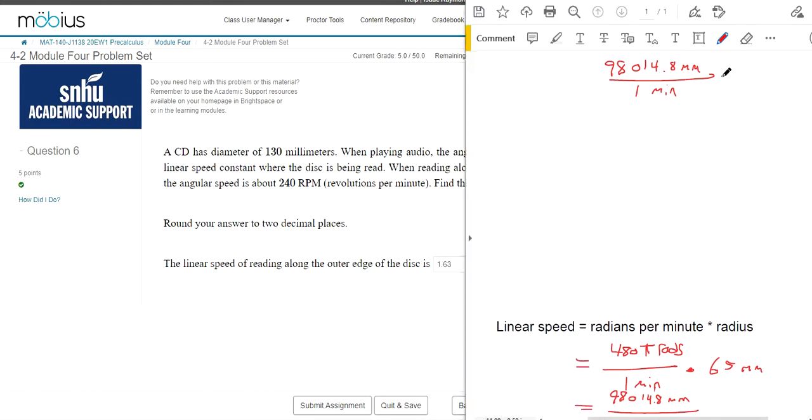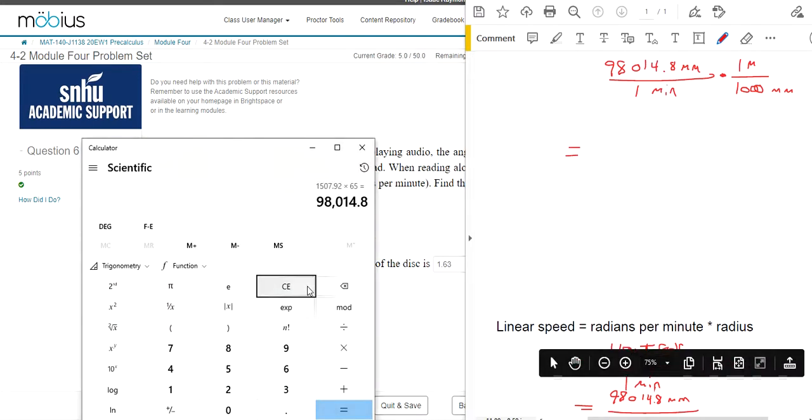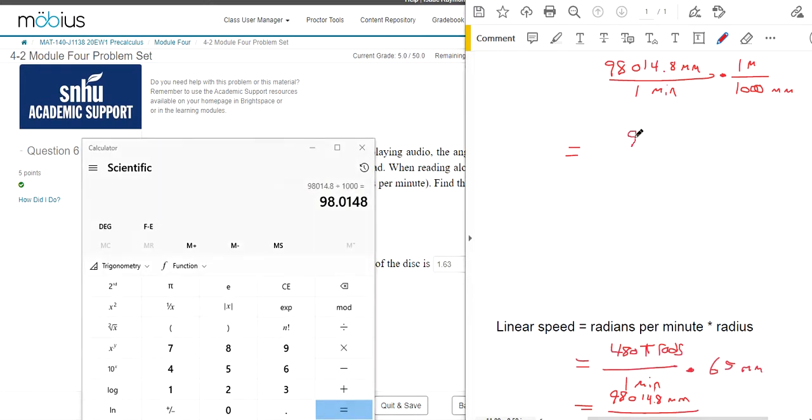So I'm going to multiply by a conversion factor. There's 1 meter in 1,000 millimeters. So if you do that fraction arithmetic out, it's just like multiplying straight across the top, straight across the bottom. So you're essentially dividing by 1,000 there. So it gives us 98.0148 meters, because these units cross cancel, per 1 minute.